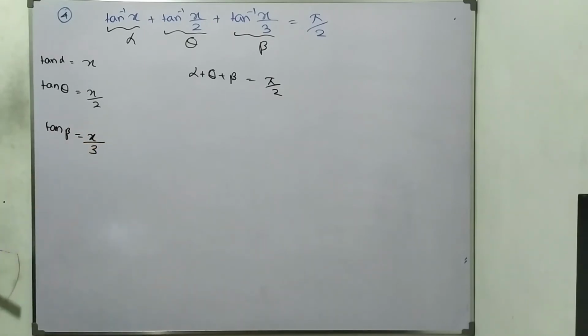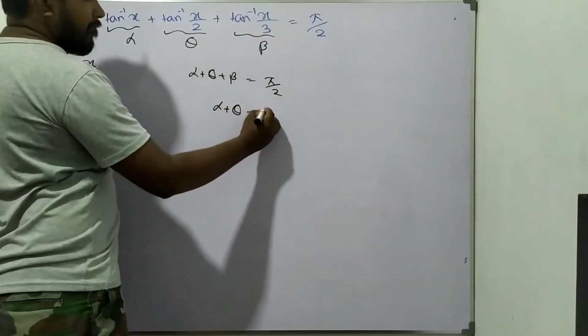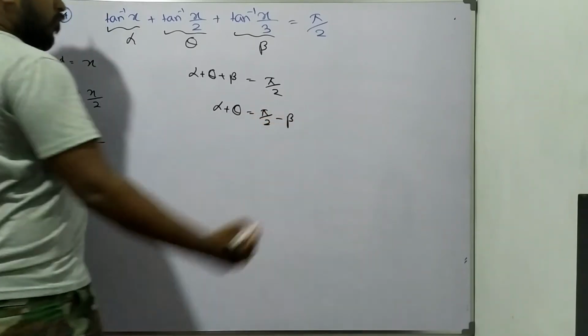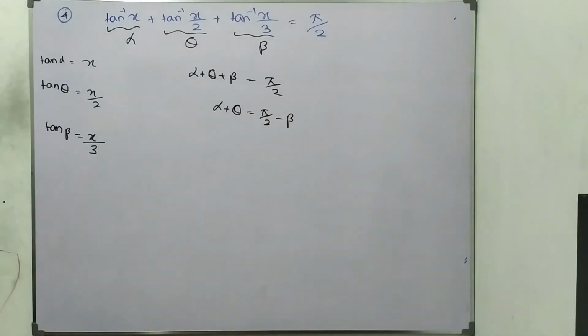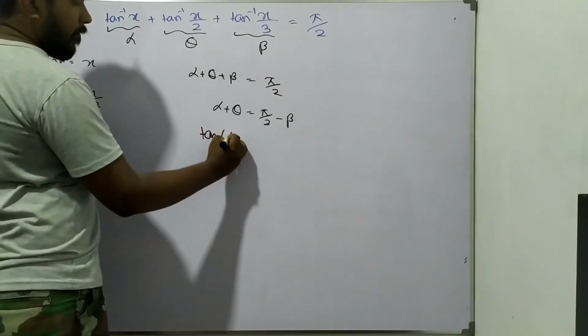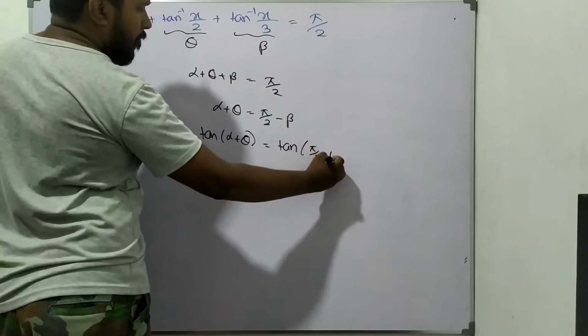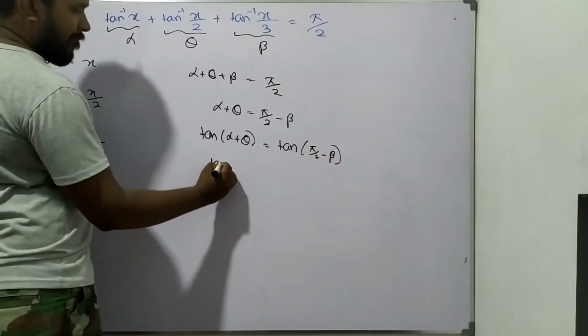So then what you can do is write alpha plus theta equal 90 minus beta. So then tan of alpha plus theta equal cot beta. So likewise now you can simplify this the easiest way to get the value of x. It's cot beta, no?